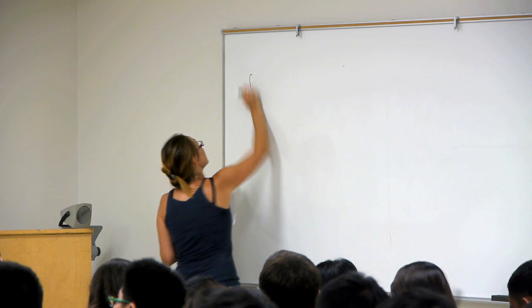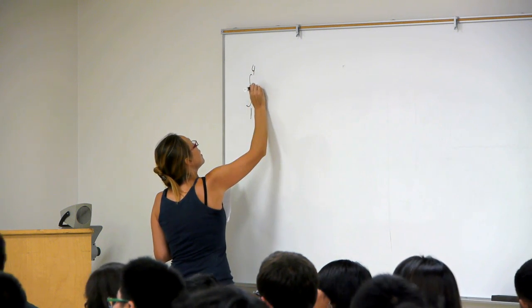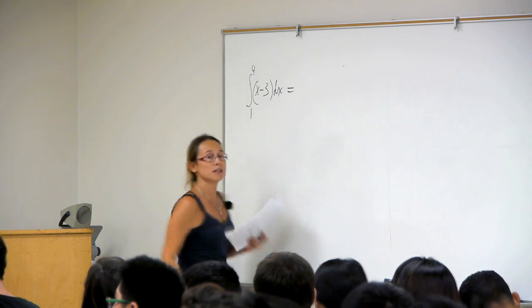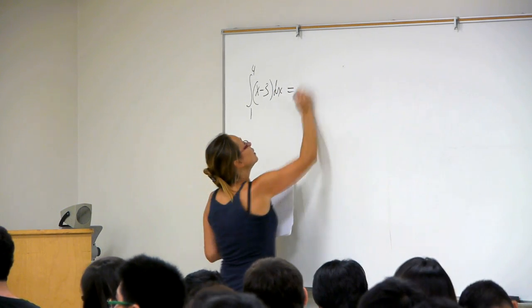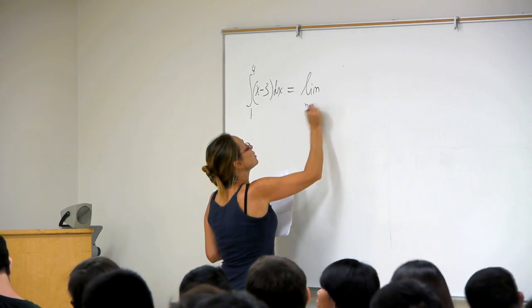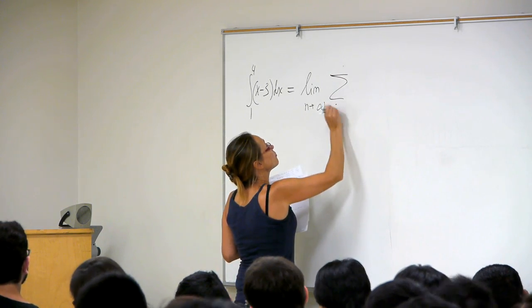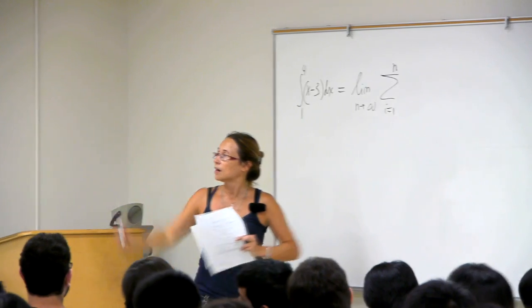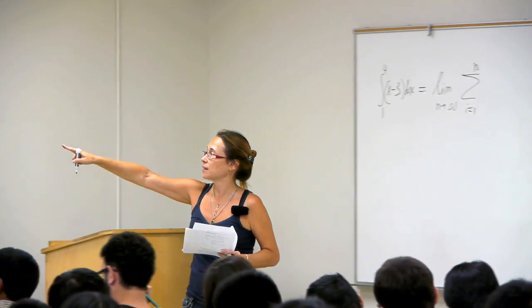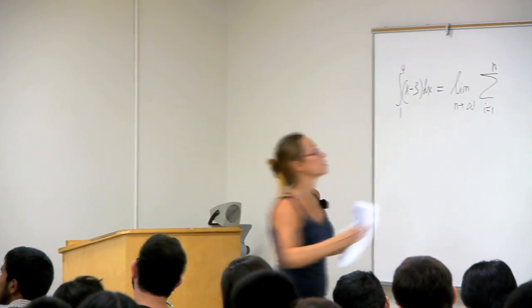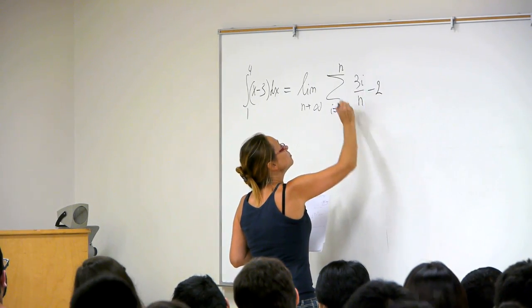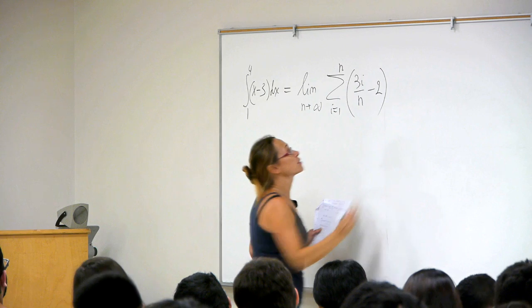So we write down the integral from 1 to 4 of x minus 3 dx. This is the integral we're trying to evaluate. This is the limit, as n goes to infinity, of the Riemann sum. And under the sum, I have f of xi star. That's the expression I got, 3i over n minus 2, times delta x.